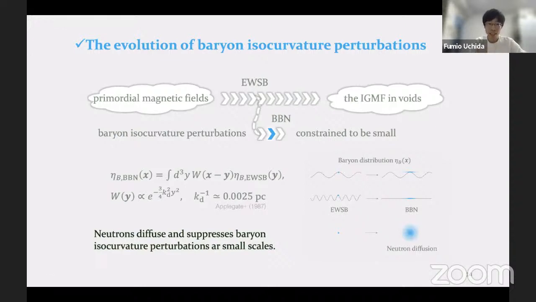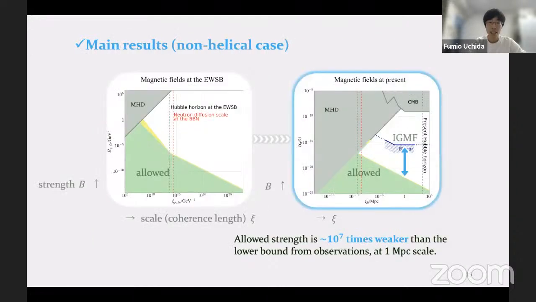And taking into account all that I have explained, magnetic fields at the electroweak phase transition are constrained like the left panel. The colored regions, yellow and green, show the allowed strength and coherence length. The small difference between the yellow and green regions comes from the ambiguity of the spectrum of the magnetic fields, depending on the magnetogenesis scenarios.